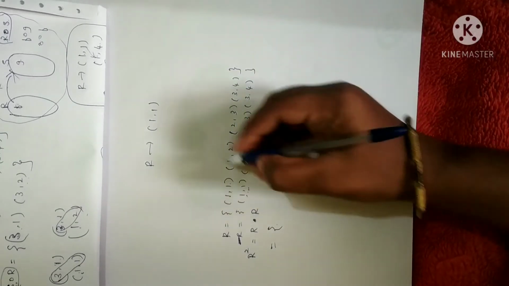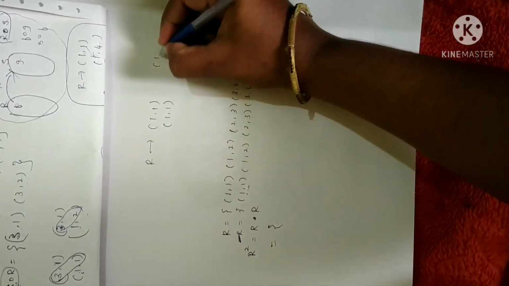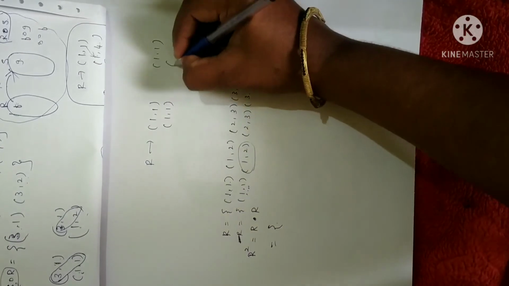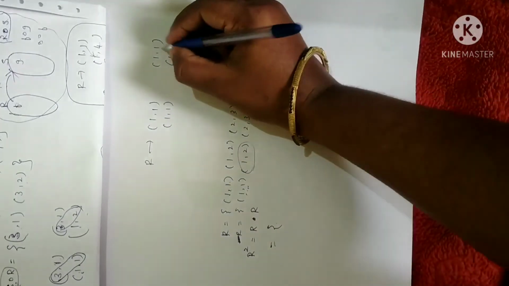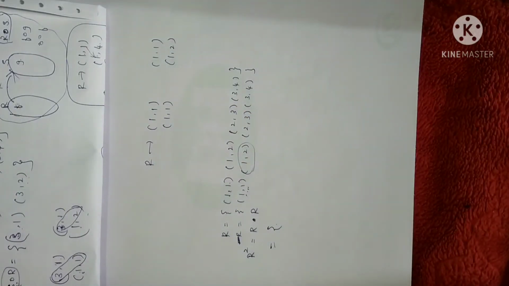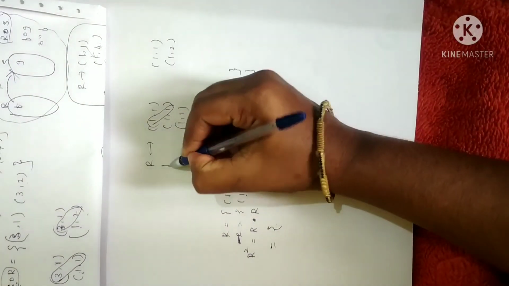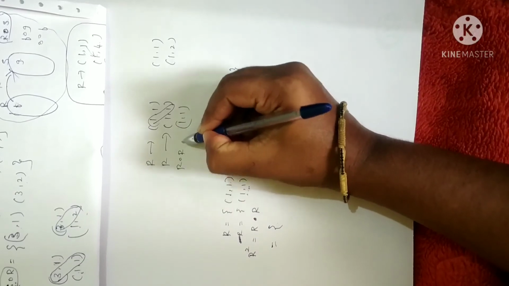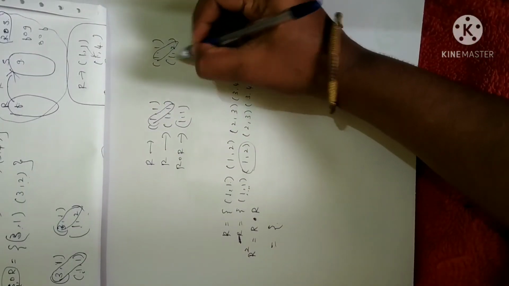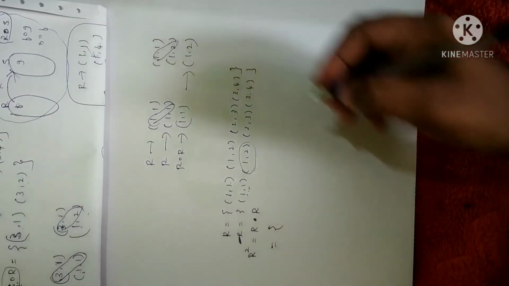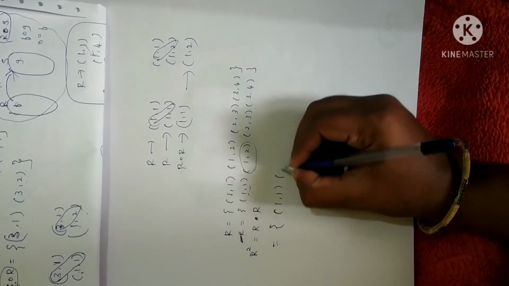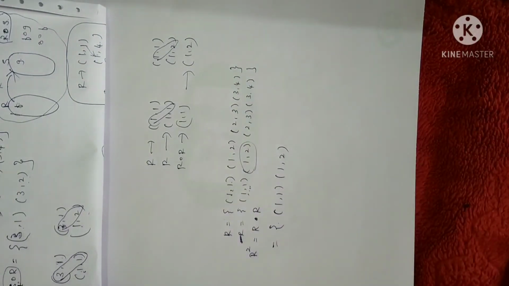You can take 1 comma 1 in R, another possibility is 1 comma 2. Why? Because there should be continuation of elements. Now 1 comma 1 should be there in R composition R, and 1 comma 2 should also be there. Yes, so 1 comma 1, 1 comma 2.